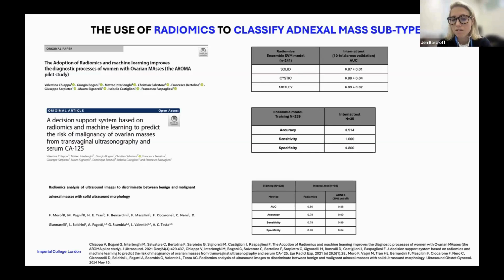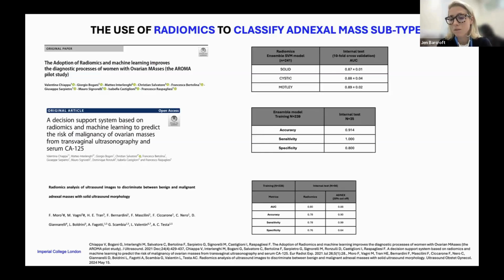And then again, an Italian group with a larger data set compared radiomics to ADNEX. Now, if you're not familiar, ADNEX is the best performing model that exists, and it has gone through a process of rigorous CE marking. I don't know necessarily how to comment on this at this stage, but there now is a need to have a robust structure for introducing models into clinical practice.